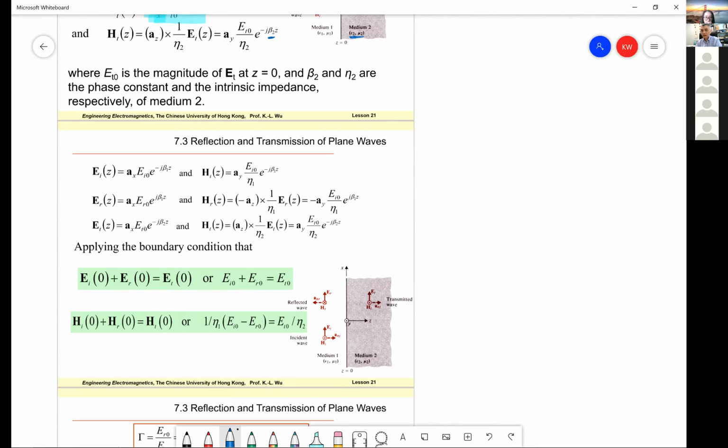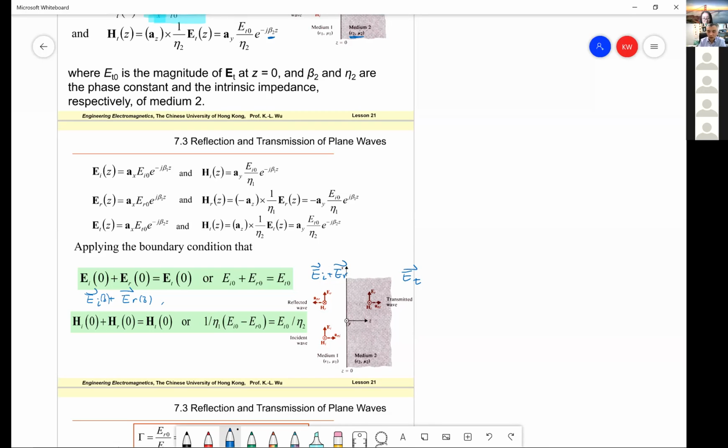First of all, let's find the total field. For the electrical field, the total field in region 1 is EI plus ER, at arbitrary Z. Then in medium 2, we only have a transmitted wave.